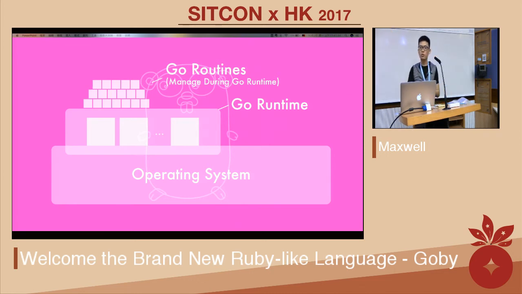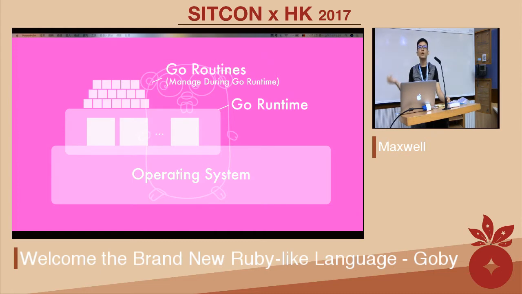It also manages these Go routines, and the Go programming language has something called a scheduler. It will automatically schedule those routines and distribute them into threads if the thread has space to execute those tasks. So this is the basic illustration of the difference between a thread and a Go routine.